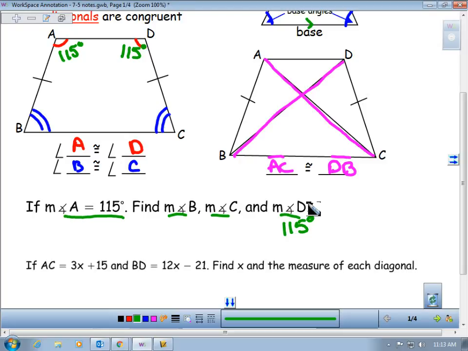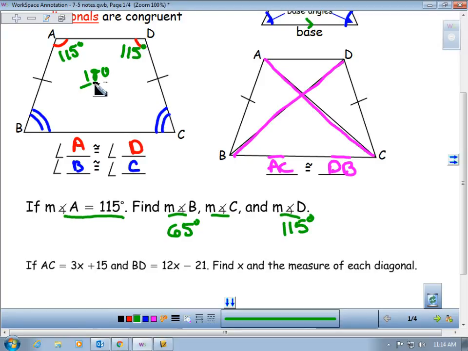Now, here's where we get into a little bit of a conundrum, which is, how do I find angle B? How do I find angle C? 65. Okay, Bailey, how do you know it's 65? Because you subtract 115 from 180. Why 180 minus 115? I would agree with you.